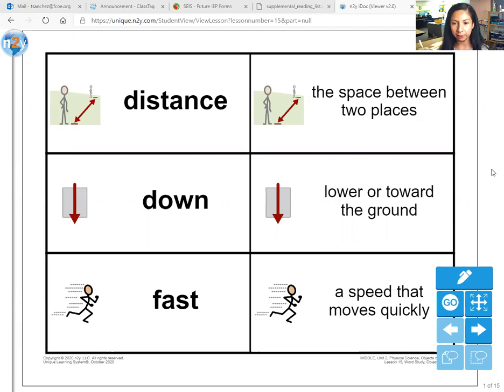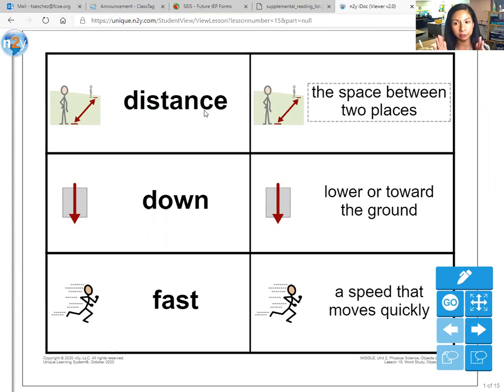Okay, so I'm going to go over the reading lesson we did today, but first, I'm going to go over some of the vocabulary words. So the first one. Distance. Distance means the space between two places.